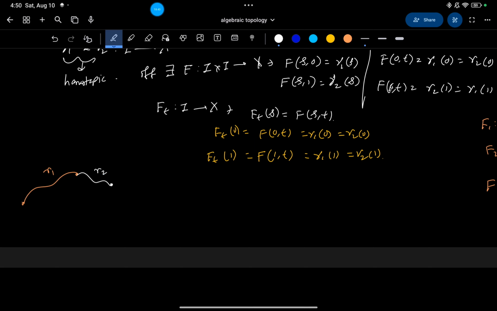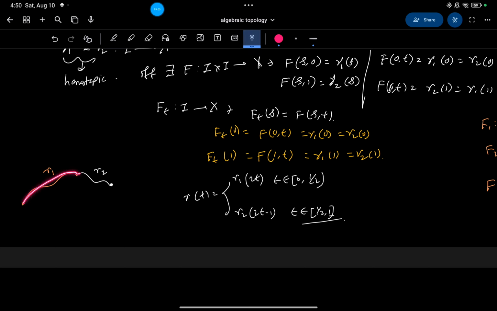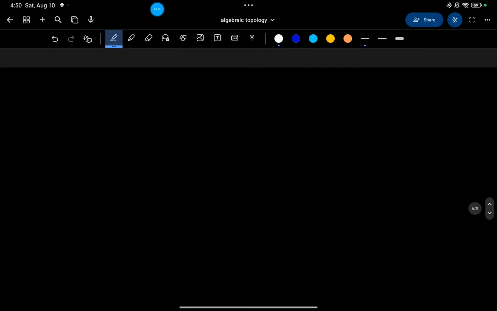Then we can join these two paths like this: gamma of t is gamma 1 of 2t for t in 0 to half, and gamma 2 of 2t minus 1 for t in half to 1. That means in the first half of the time we traverse by gamma 1, then gamma 2.